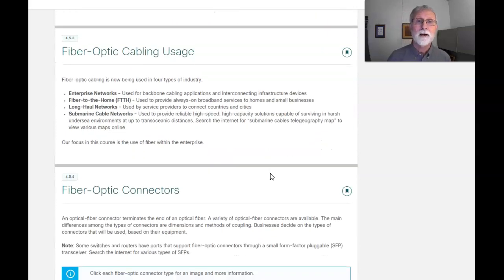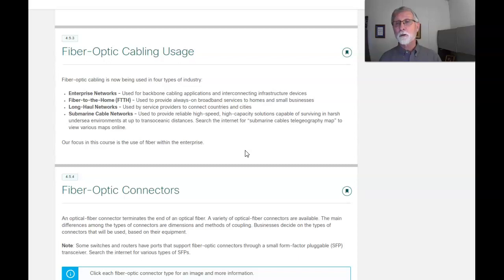Now, how is it used? Well, there are several different types of industries that use it. Enterprise networks will use it as backbone cabling for applications and interconnecting infrastructure devices. Fiber to the home: a lot of us in the future probably will get fiber brought into our house instead of coax cable TV.